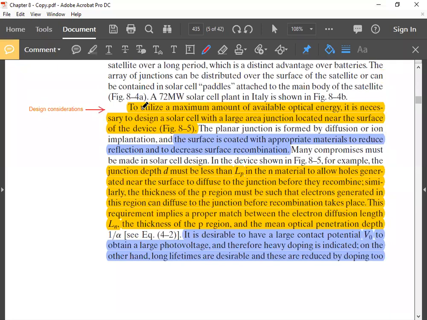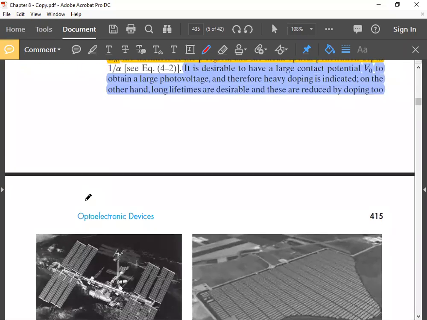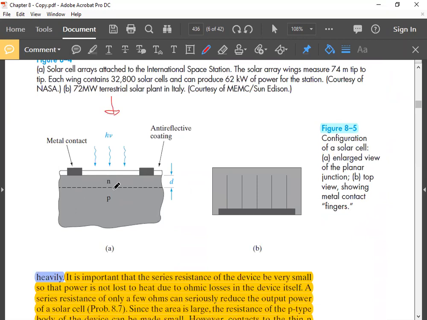That's what is mentioned here. To utilize a maximum amount of available optical energy, it is necessary to design a solar cell with a large area junction located near the surface of the device. Why near the surface? The junction should be close to the surface, because you can see light has to penetrate this region to go to the depletion layer or near the depletion layer.